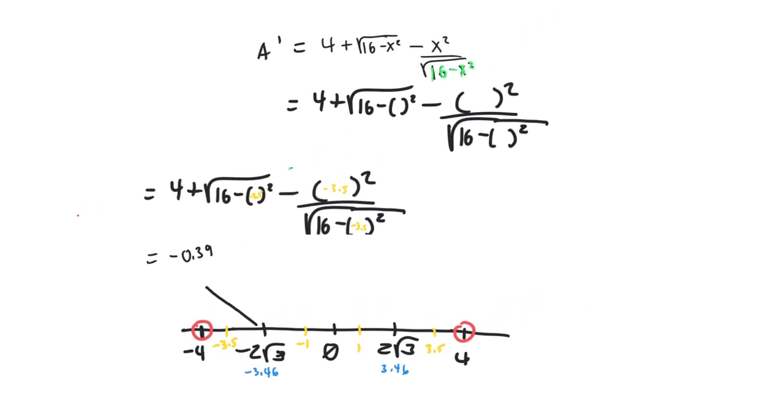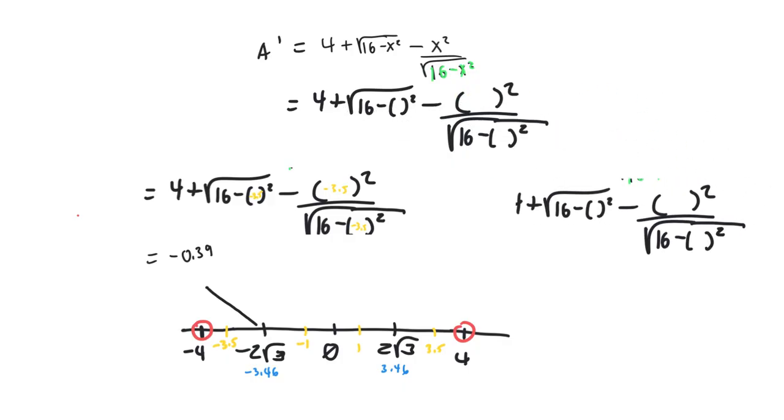Now, when we plug in negative 1 into this, and when I put that into my calculator, that becomes, let's see, approximately 7.61-ish. So clearly we're going up here.